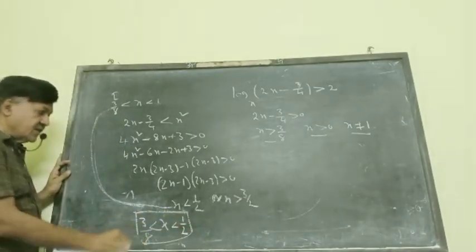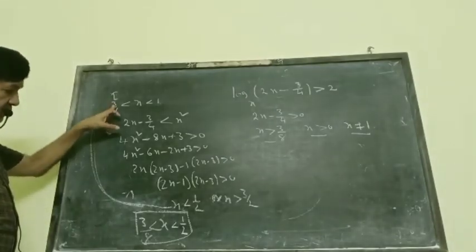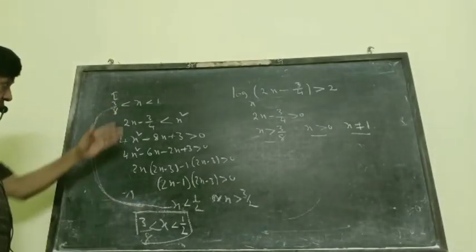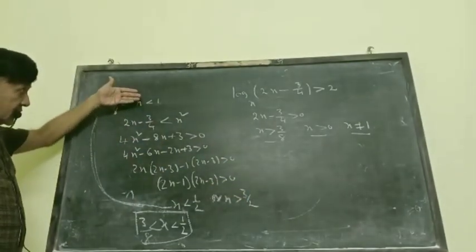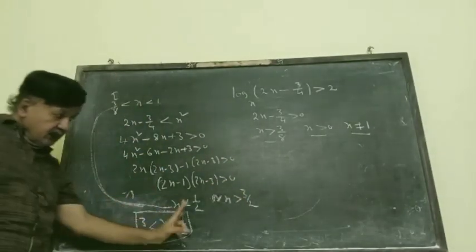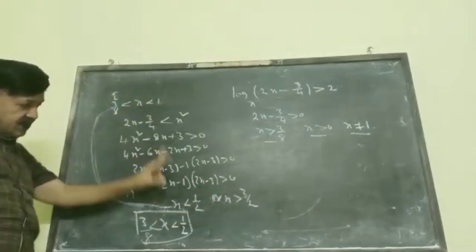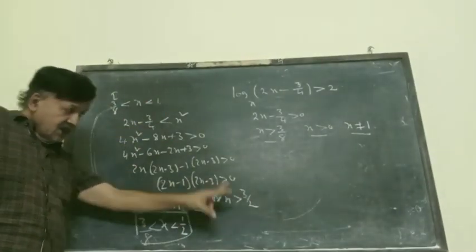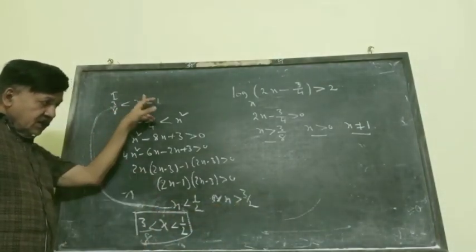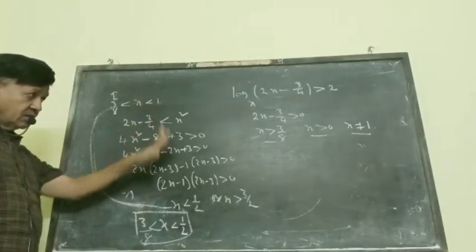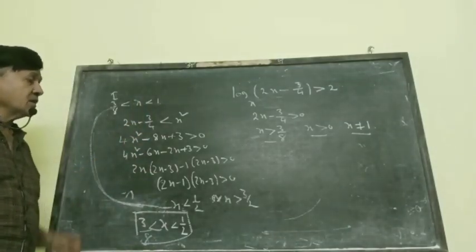You will get like this. 3/8 is less than 1/2. This intersection is the null set. So A intersection (B union C) means (A intersection B) union (A intersection C). So A intersection B is this, A intersection C is the null set. You got the first case like this.